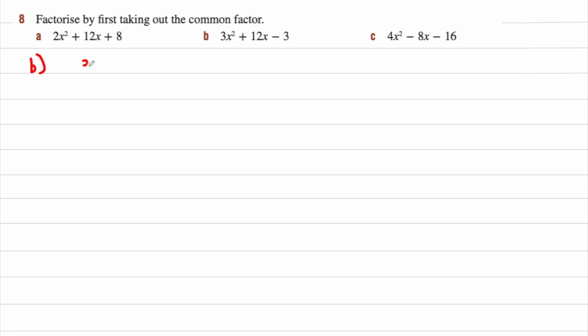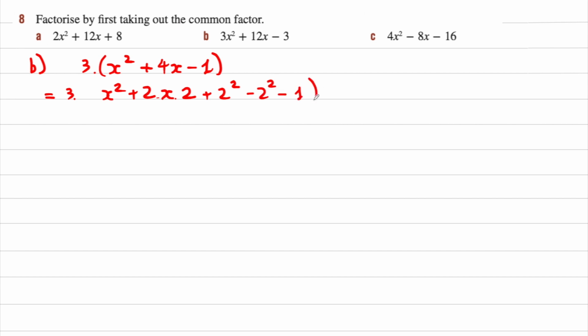For B, I will take 3 outside. Inside the bracket you have x squared plus 4x minus 1. Here is 3 times x squared plus 2 times x times 2 plus 2 squared minus 2 squared minus 1. The first 3 terms combine into the perfect square x plus 2 squared, and outside you have minus 4 minus 1, all inside the square bracket.